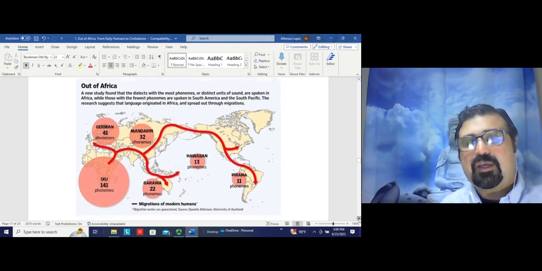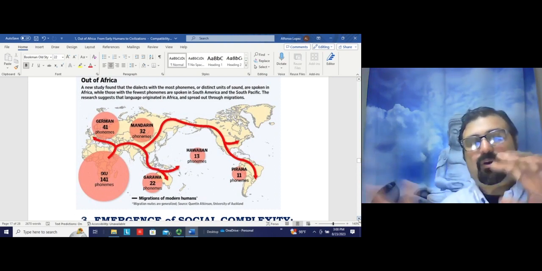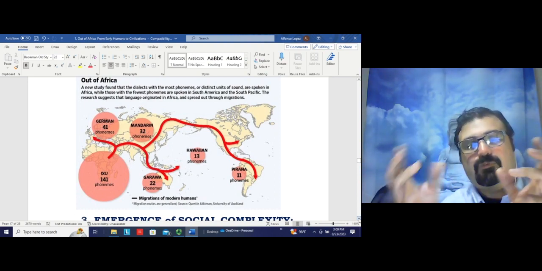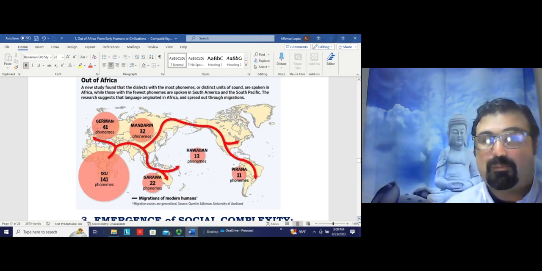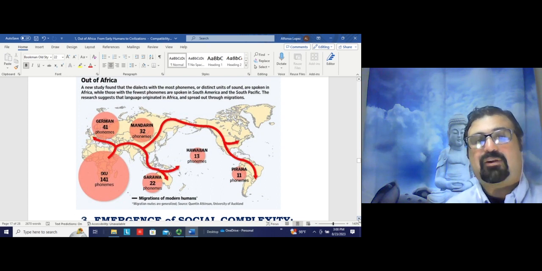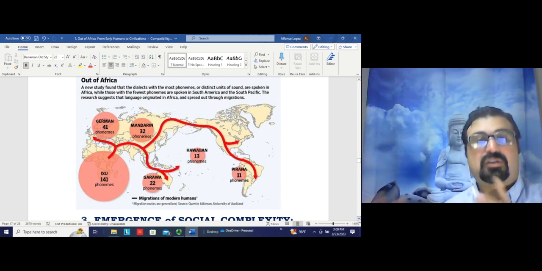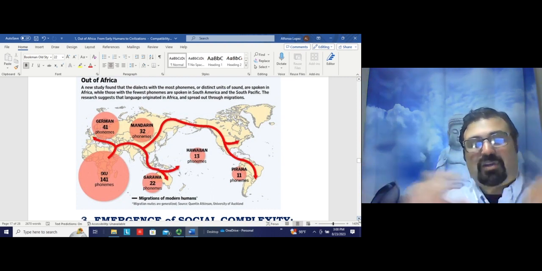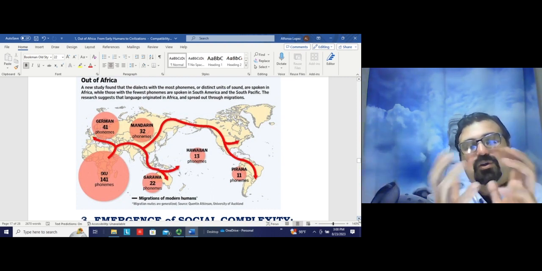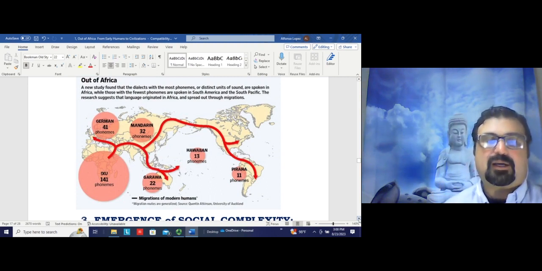And as you can see, languages spread out of Africa, and they're going to take different forms in different parts of the world, whether it is the Germanic languages of Europe or the Mandarin languages, for example, of Asia, or the Native American languages, of course, the indigenous languages of the Americas, and so on. They're all, in a certain sense, offshoots of this original root language, if you will, that came out of Africa.